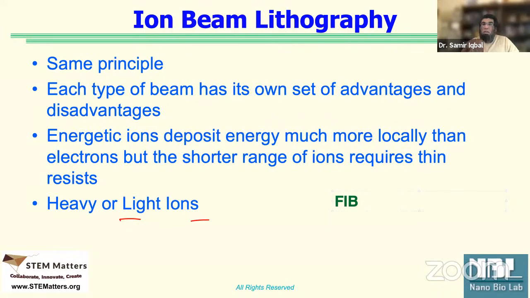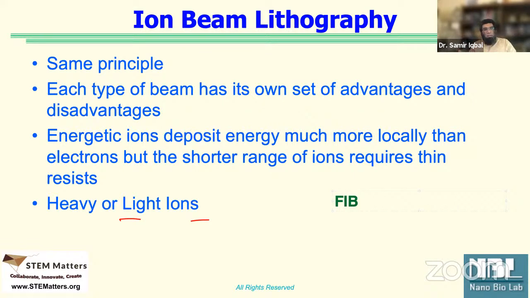I'm not saying lithography, I'm saying writing, because with ion beams, yes, we can do coating with resist and write in resist, but we can also sculpt the material. You know, sculptors take metal and remove metal from different places and make, I don't know, statues or whatnot. So with ion beam, we can remove the bulk material. We can remove silicon for that matter.